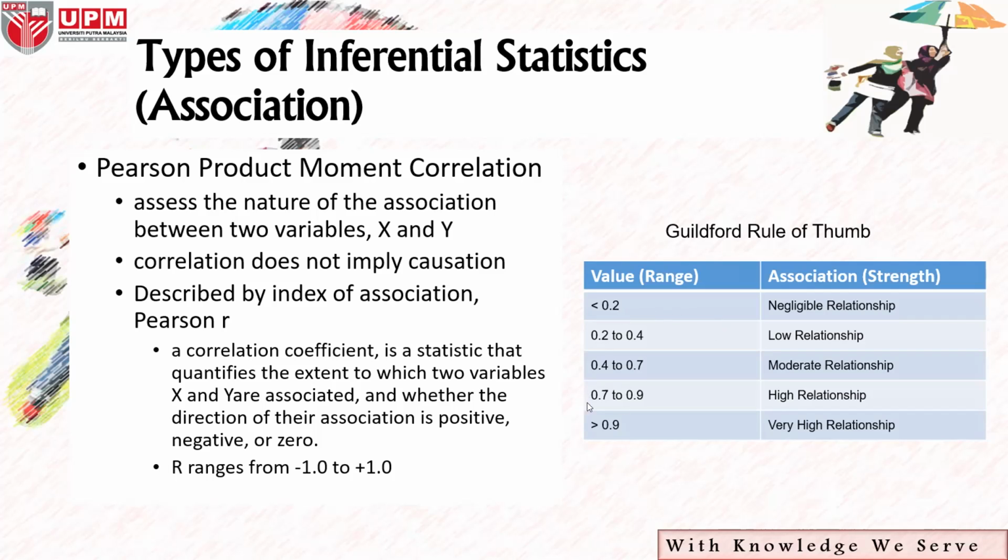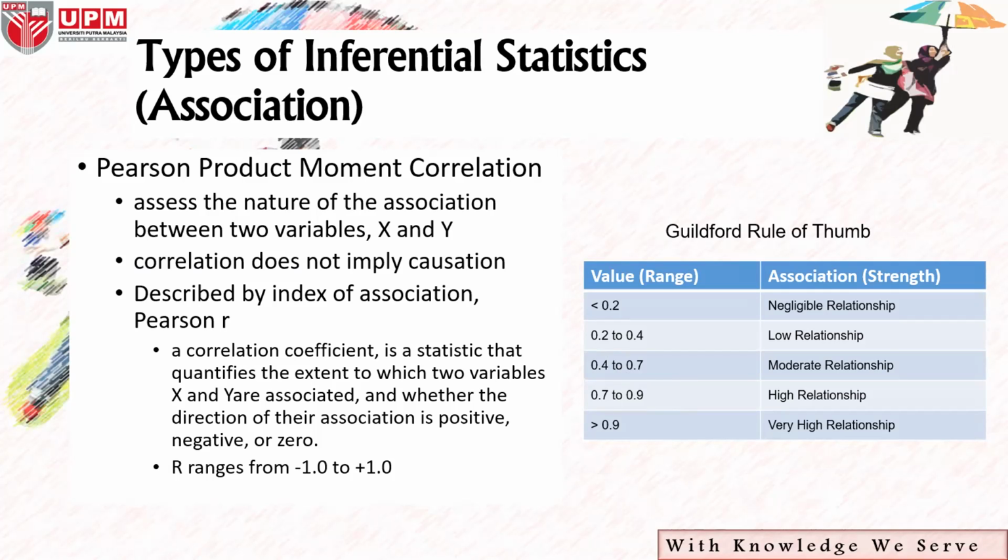If the value is within a particular range, then we interpret the value accordingly. So for example, R equals 0.65, which falls within the range of 0.4 to 0.7. Therefore, we can conclude that the relationship is moderate.